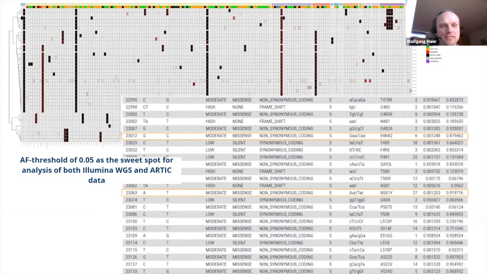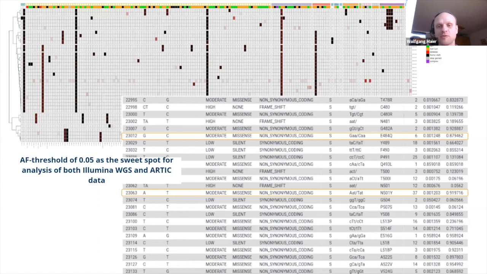So this is quite an exhaustive report. What we found by doing that is actually that, luckily for us, there's a sweet spot for the AF threshold that you can configure, which applies to both Illumina whole genome sequencing and Arctic data, and that's at 0.05.